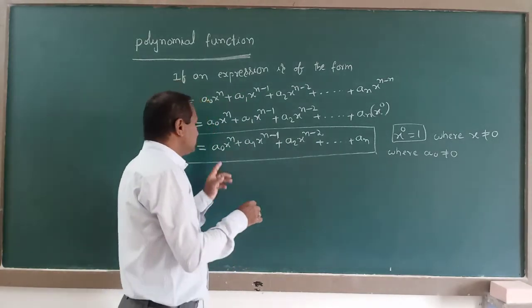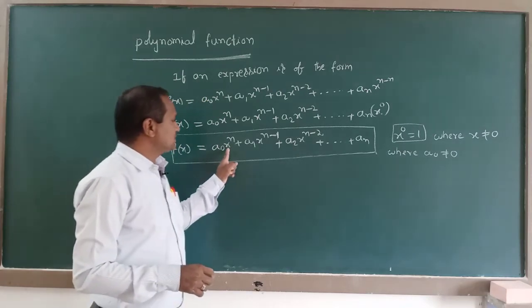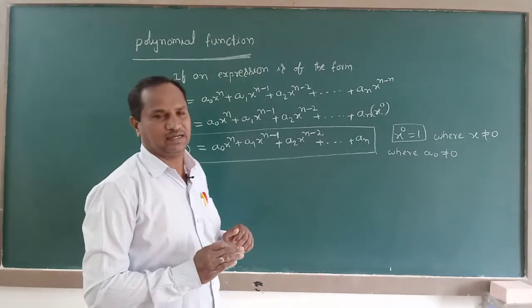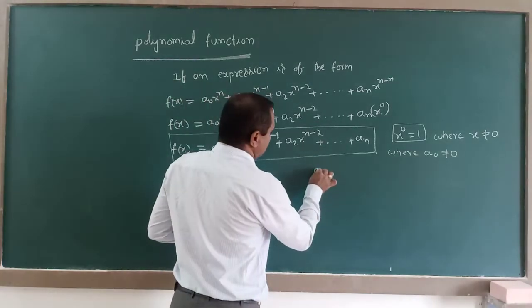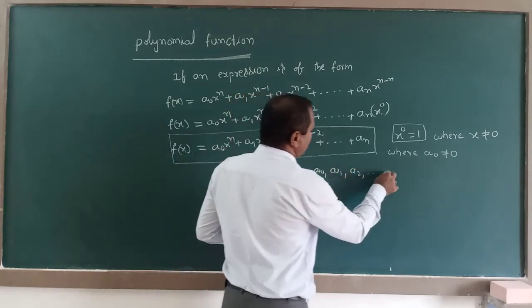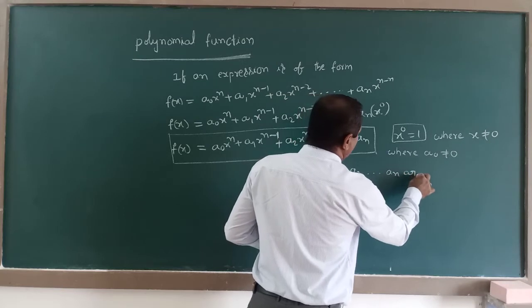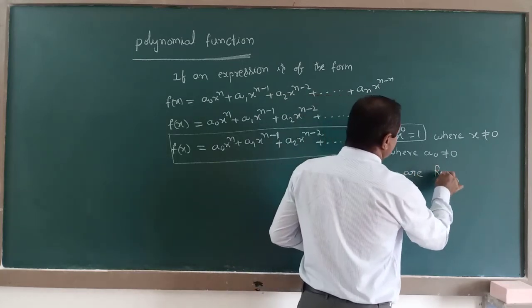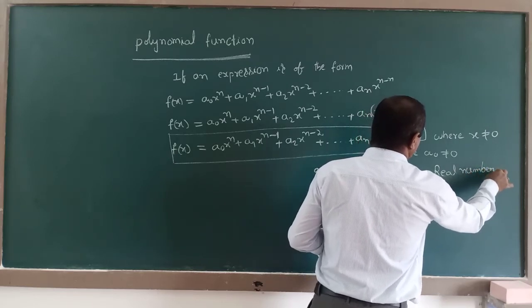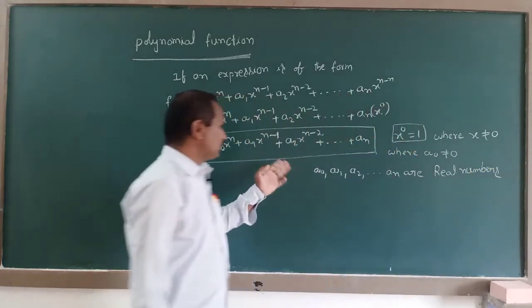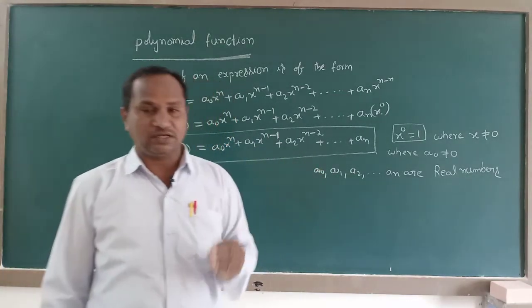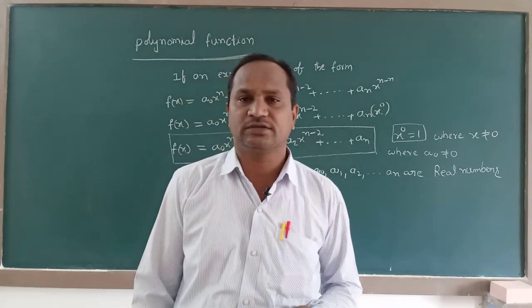We must mention the coefficients a naught, a1, a2, up to an also here. These are all real numbers, which means they depend upon real numbers, so we call that function a real valued function.